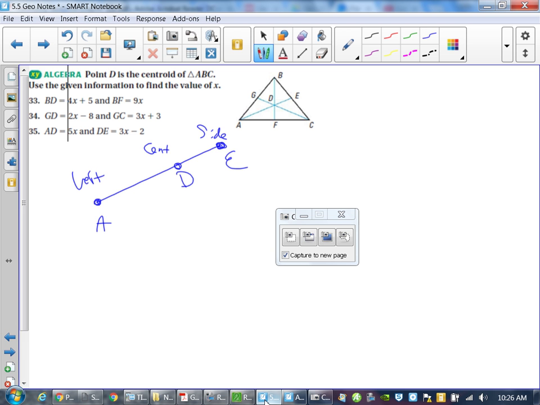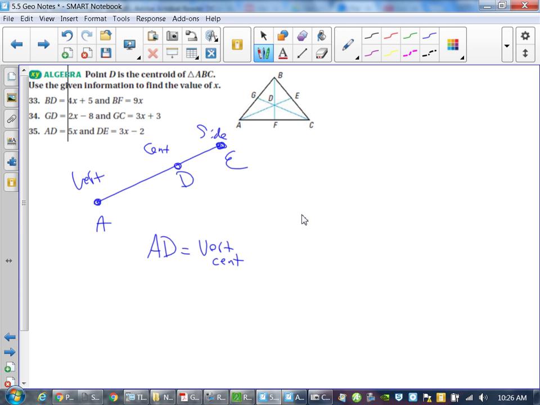We know that AD is vertex to centroid, and DE is centroid to side. Now I left up the 5 possible ways of being able to write this stuff out. Which one of them deals with just vertex to centroid and centroid to side? There's 2 of them. One of them is just easier to use than the other.